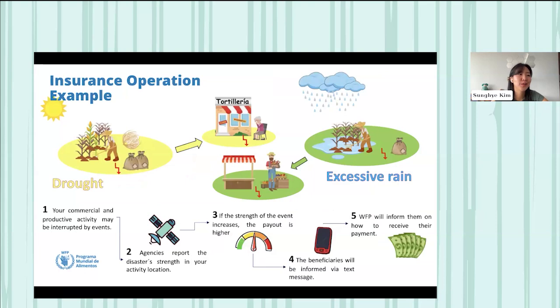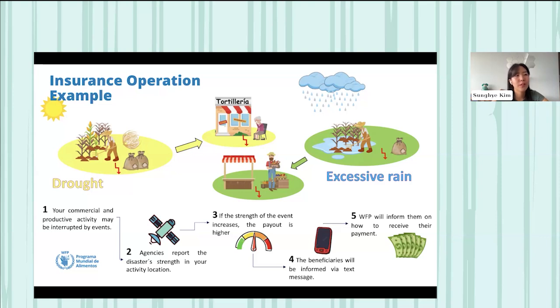And here's how insurance works. Firstly, farmers' commercial and productive activity may be interrupted by events such as drought or floods. Then relevant agencies here in Guatemala, Micro is a technical trigger operator, and Aseguradora Rural is an insurance carrier.